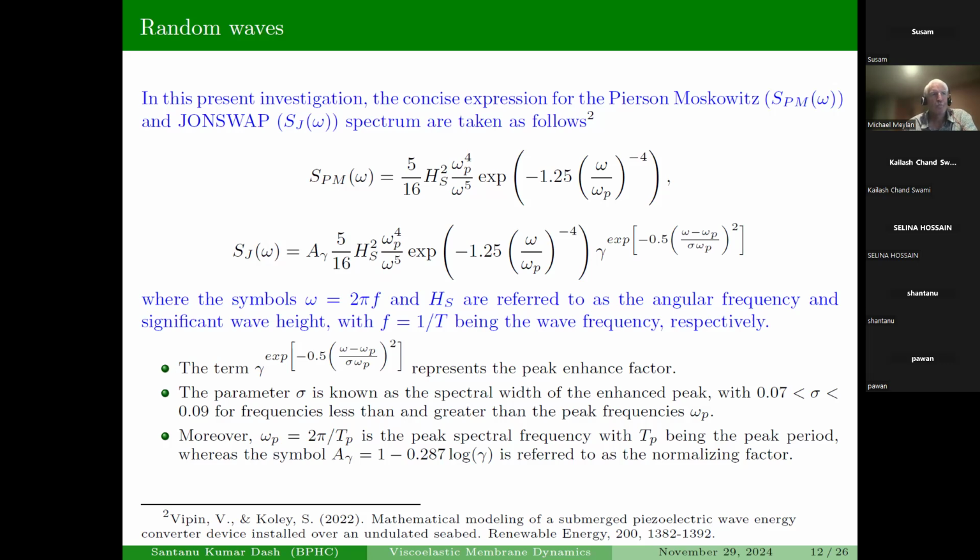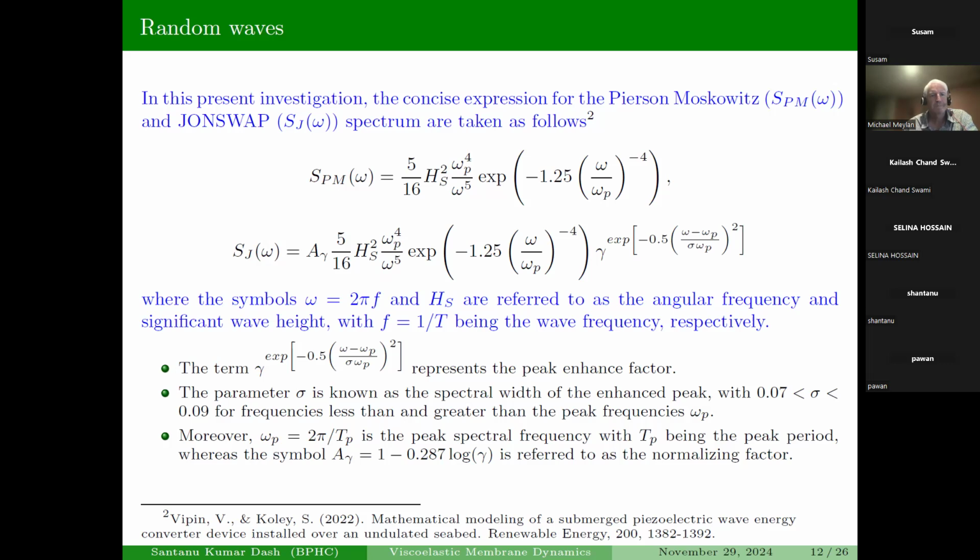For the present situation, I have incorporated the JONSWAP spectrum, but due to the limitation of time, I have not included the results. JONSWAP is an extension of the Pierson-Moskowitz, based on the assumption that the oceans cannot be treated as fully developed.